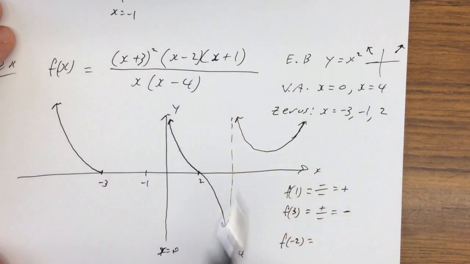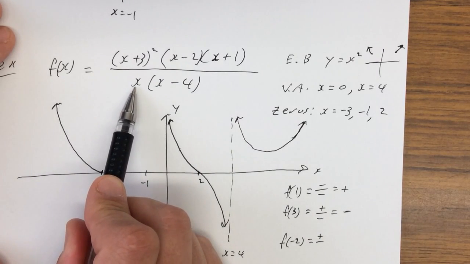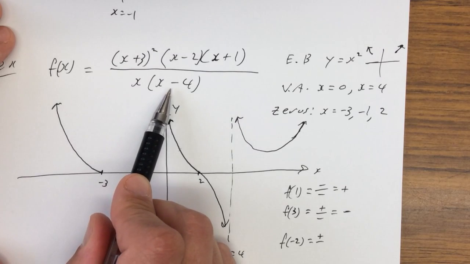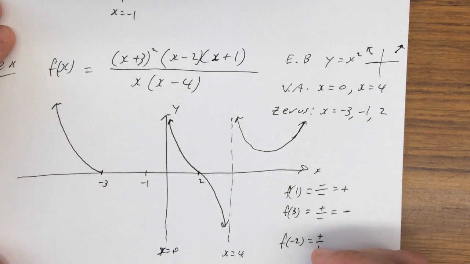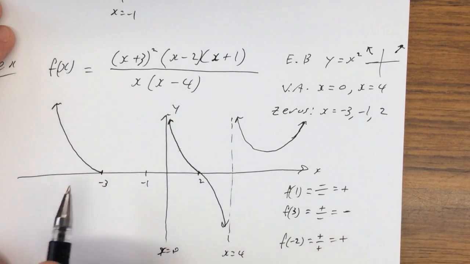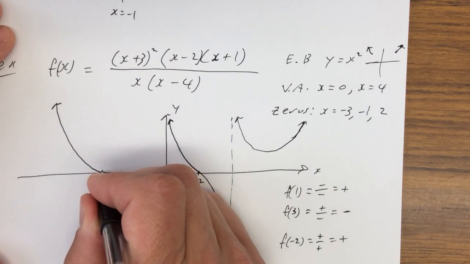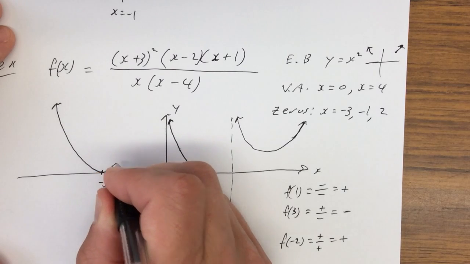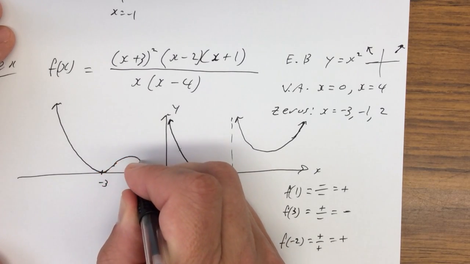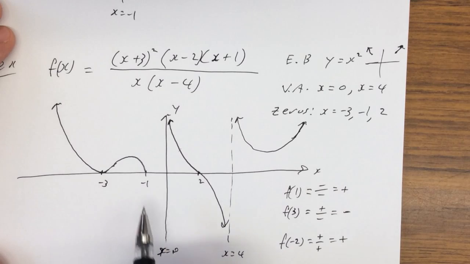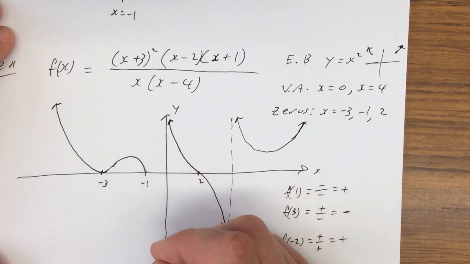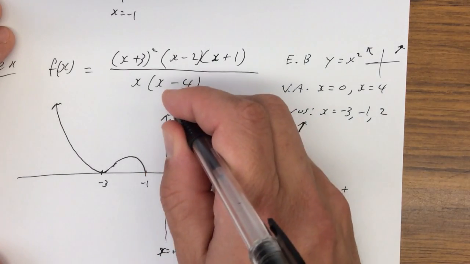Negative times a negative is a positive on the top. Negative 2 on the bottom, a negative and a negative make a positive. So that equals a positive, which means f of negative 2 is up here. So it does bounce back up. It goes up, and then it has to come back down to negative 1 because that's a 0. That's an x-intercept.